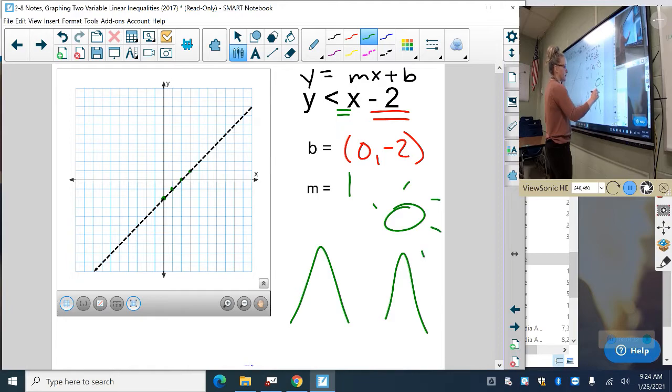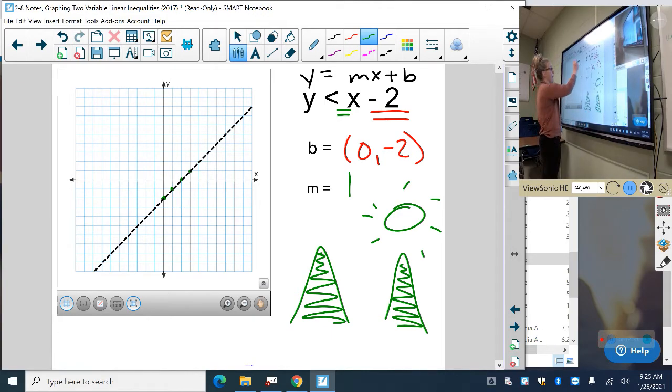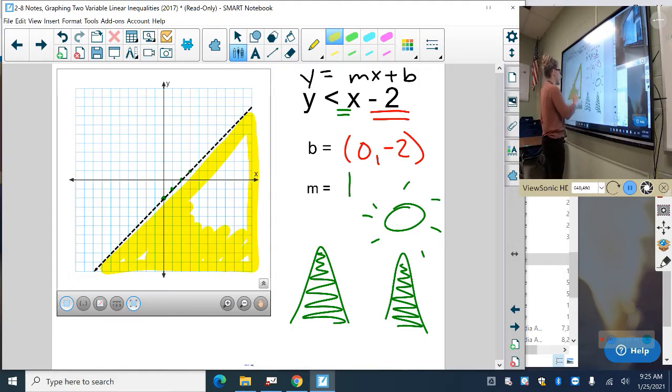When you drew the mountains, this is the mountain and this also stands for below the line. So if I were to use this line right here to draw a mountain in that kid mountain picture, below the line is going to be the actual mountain and not the sky. Okay, so when I go to shade, I want to make sure that I shade down here, and that is the answer. All these values down here are possible answers to this inequality.